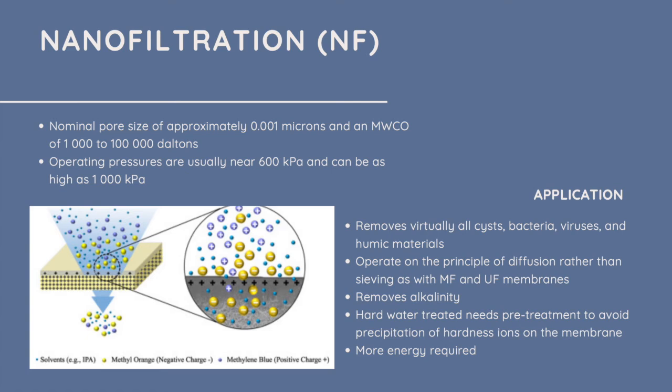It also operates on the principle of diffusion rather than sieving, as with microfiltration and ultrafiltration membranes. Nanofiltration also removes alkalinity and hardness, but the water needs pre-treatment to avoid the precipitation of hardness ions on the membrane. However, nanofiltration needs more energy to operate the membrane.